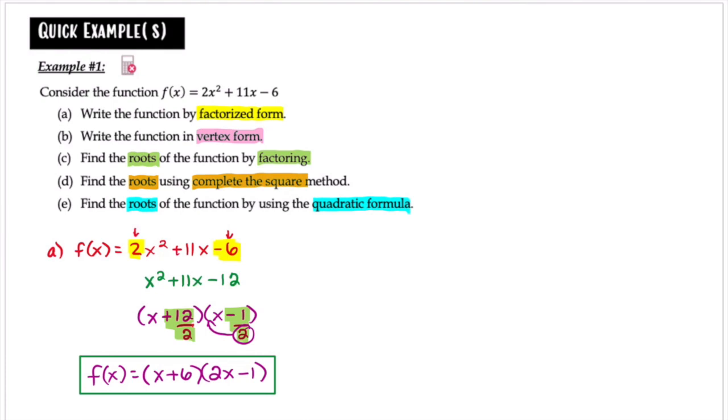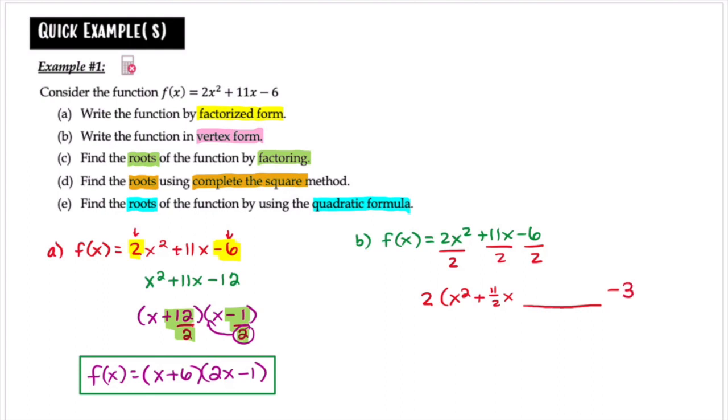B wants us to write it in vertex form. So for part B, we're going to start with that f of x function. And when we are doing vertex form, we do not like the A term. So we're going to divide every single piece by A. We're going to fill in a blank and we're going to put that constant in the back.